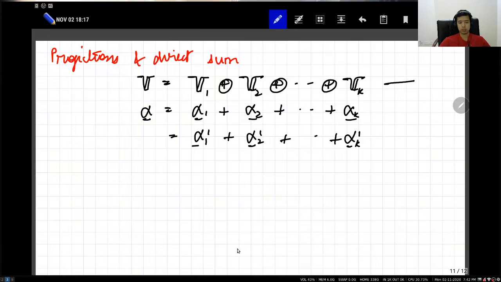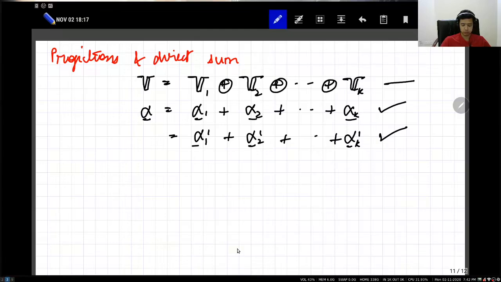As in, why can't the alpha i's and the alpha i primes be different, right? The reason is, suppose that you had two different representations for a given alpha. So you fix an alpha, and suppose that the alpha i's are different from the alpha i primes.